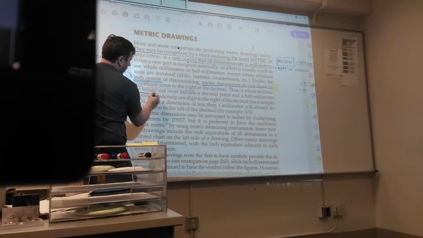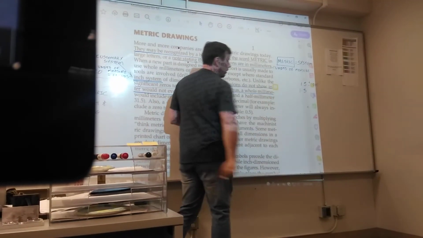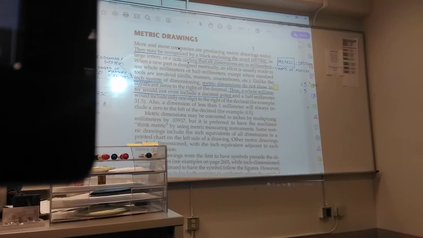Also highlight the next sentence. Whole millimeters will not include a decimal point. So if your part is 10 millimeters long, they'll just put 10, no decimal point. It's 20, no decimal point.